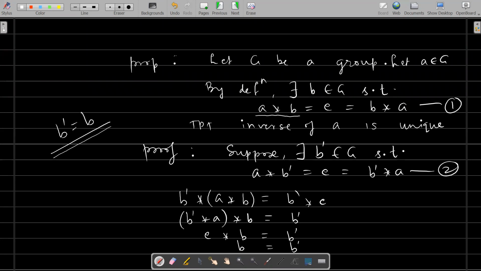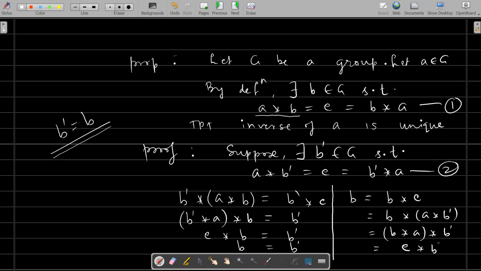Right? The same thing I can say starting with B and ending with B dash. So start with B. B is equal to B star E, and that E I can replace by A star B dash. This is the same as B star A star B dash. B star A is E, so E star B dash, and E star B dash is B dash.